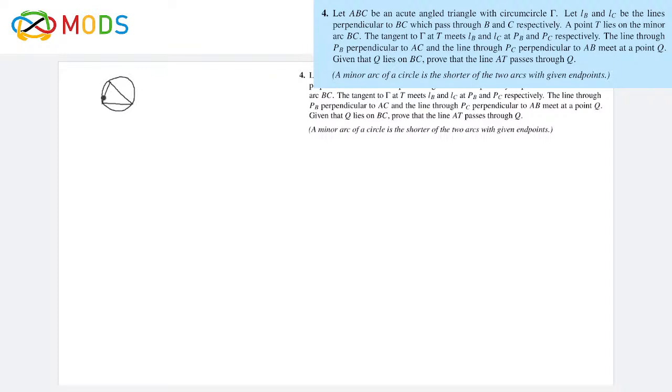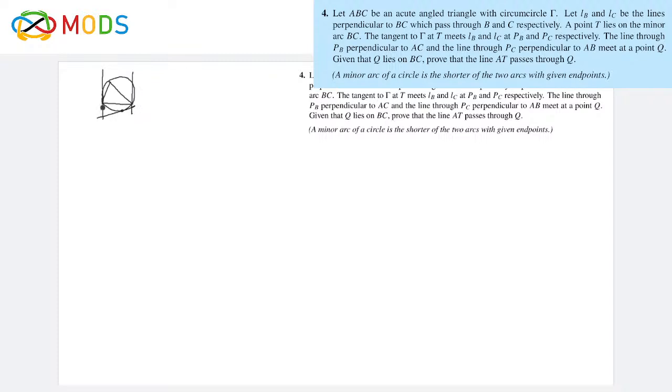Let LB and LC be the lines perpendicular to BC which pass through B and C. A point T lies on the minor arc BC. The tangent to the circle at T meets LB and LC at PB and PC.